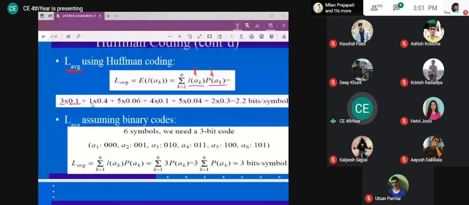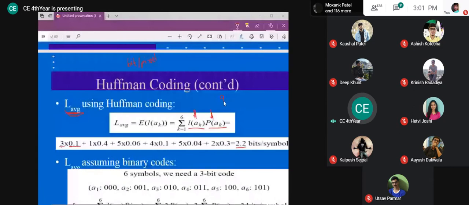Suppose I represent A1 with 000, A2 with 001, A3 with 010, and so on, and A6 with 110. So if 110 occurs, I will understand that A6 has occurred. In the regular method, I'm using 3 bits per symbol.